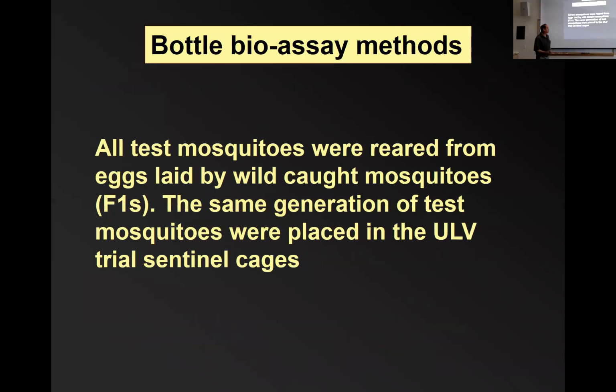Wherever possible, I do the bottle bioassays on F1 generation. So I collect wild individuals, get eggs from those, and then test their offspring. I don't like testing mosquitoes on colony material for 2 reasons. First is they very quickly undergo genetic bottlenecking.